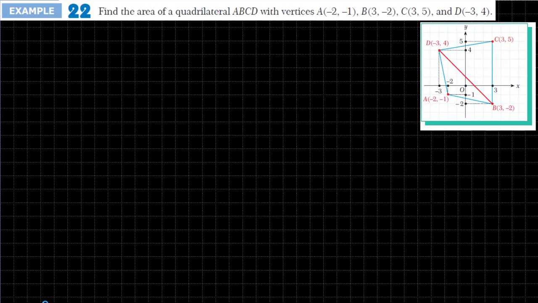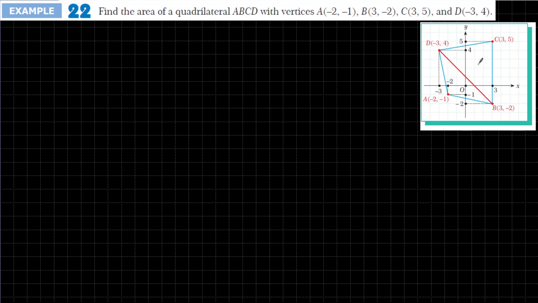Here we are going to find the area of the quadrilateral. It's asking with the vertices given minus 2, minus 1, 3, minus 2, and here 3, 5, minus 3, 4. Which means that quadrilateral, you know from the figure also, it's easy to understand, it is made up of two triangles.